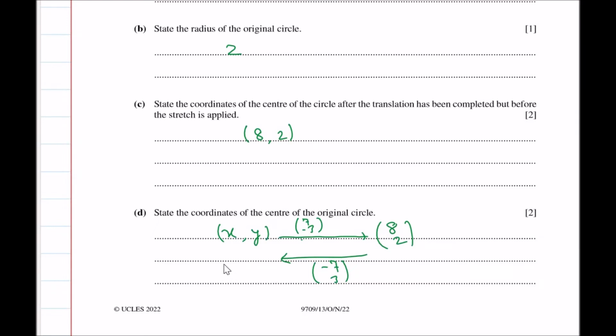So that is giving us 8 minus 7, 1, and 2 plus 3, 5. So we got (1, 5). That is the center of the original circle.